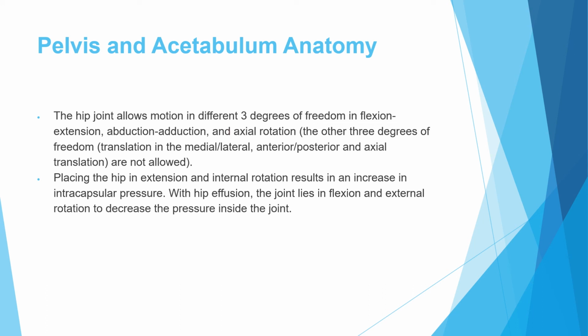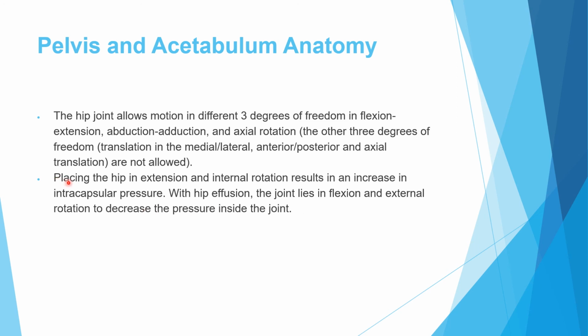The maximum pressure in the hip joint is in the position of extension, internal rotation. That's why with most hip pathologies, to decrease the pressure inside the joint because there is effusion, the patient will be in the position of flexion, external rotation. So it's the reverse.